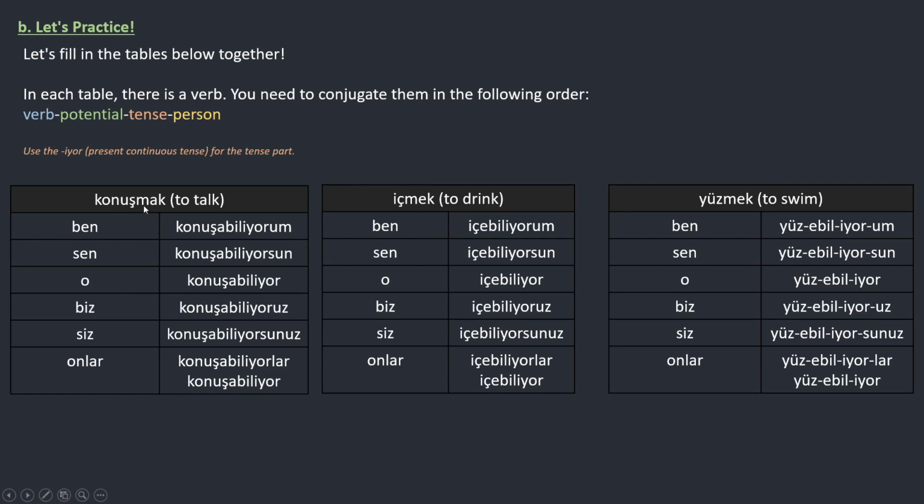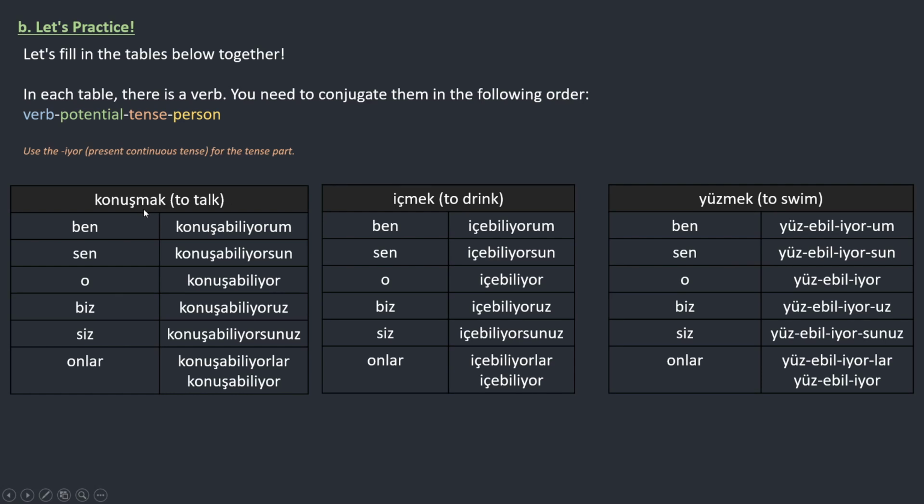You need to be careful with something. With these verbs, they have a similar characteristic. Konuşmak, içmek, yüzmek. Just ignore the makmek parts.